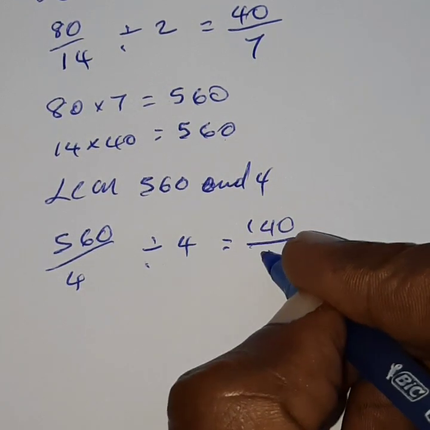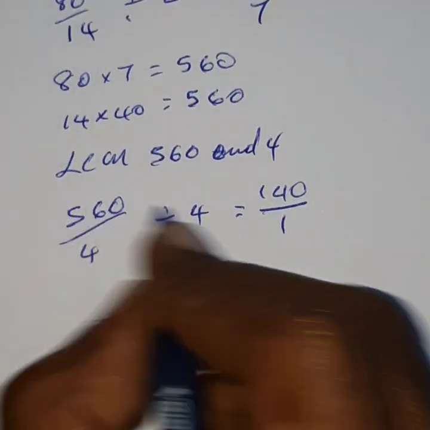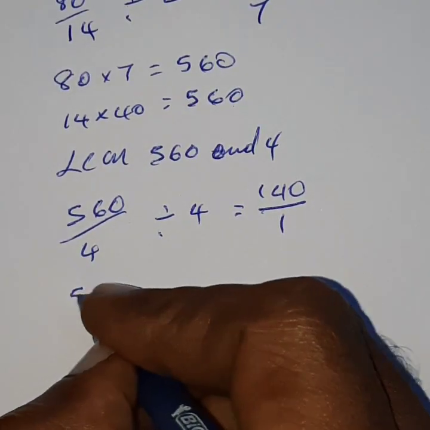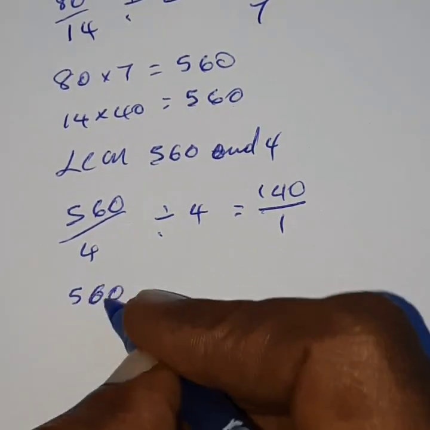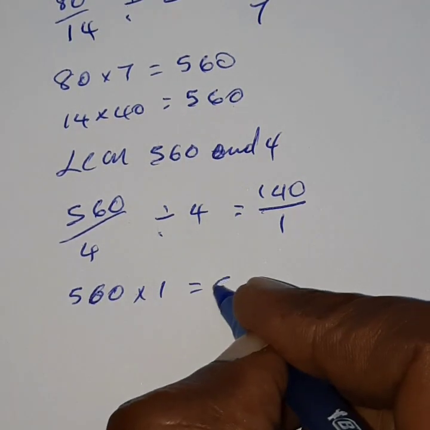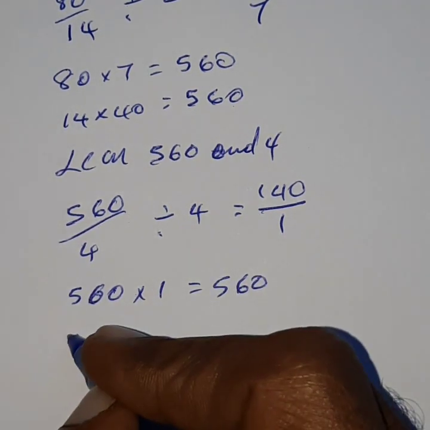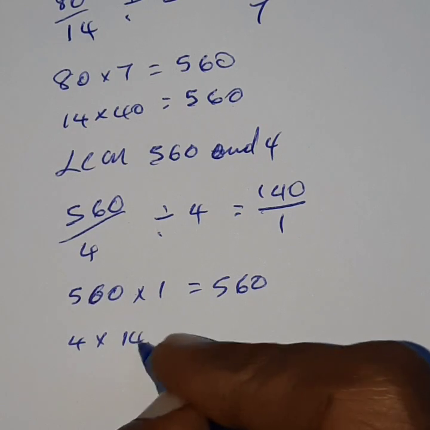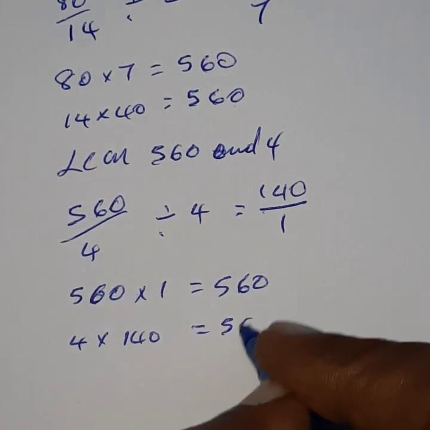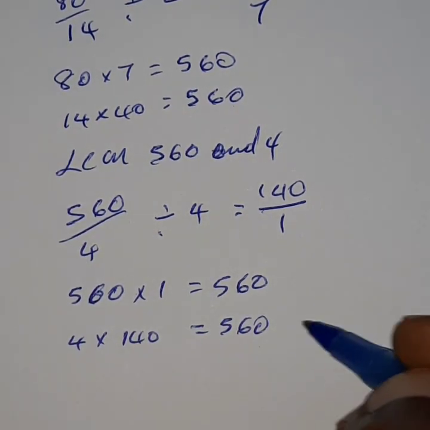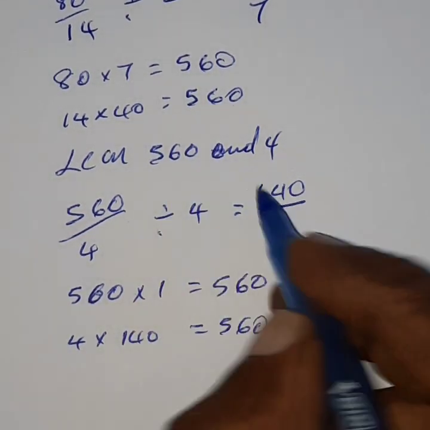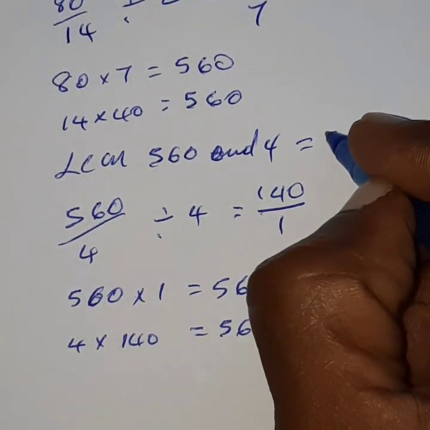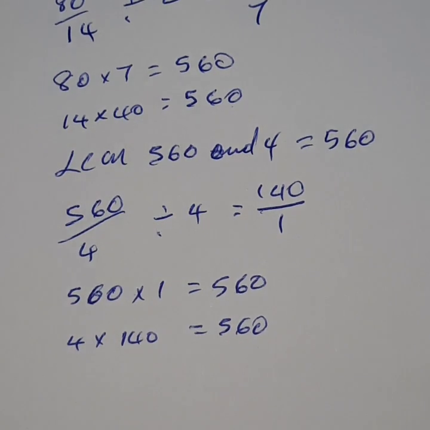So 140 over 1. Now we're going to cross multiply. 560 times 1 equals 560, and 4 times 140 equals 560. So the LCM of 560 and 4 equals 560.